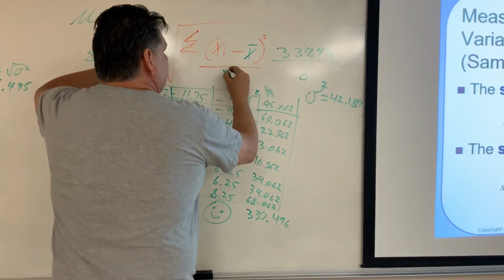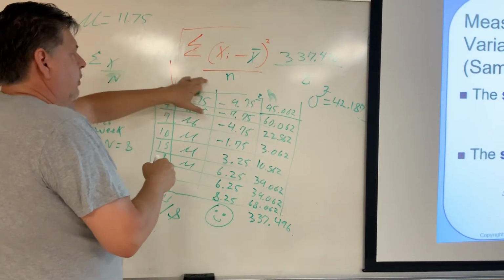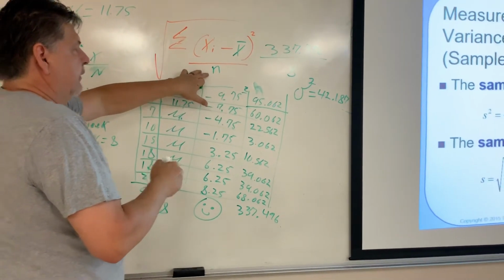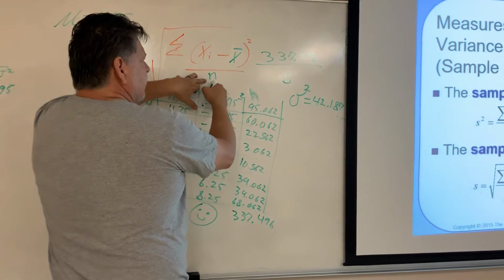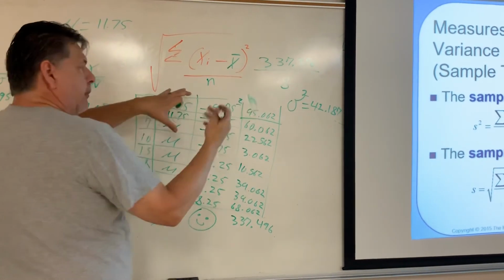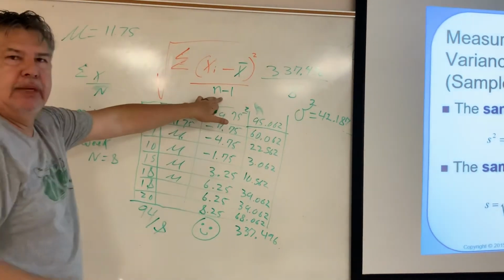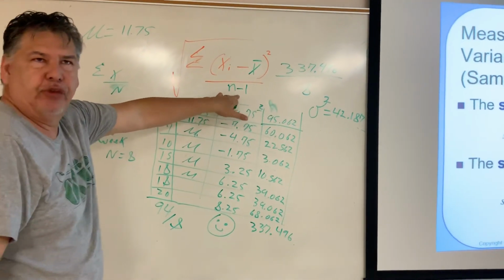And lowercase n is going to be the symbol for what we call sample size. So our sample size is lowercase n, and to make some adjustments for not having the whole population, I have n minus 1. And what this means is I have what's called degrees of freedom.